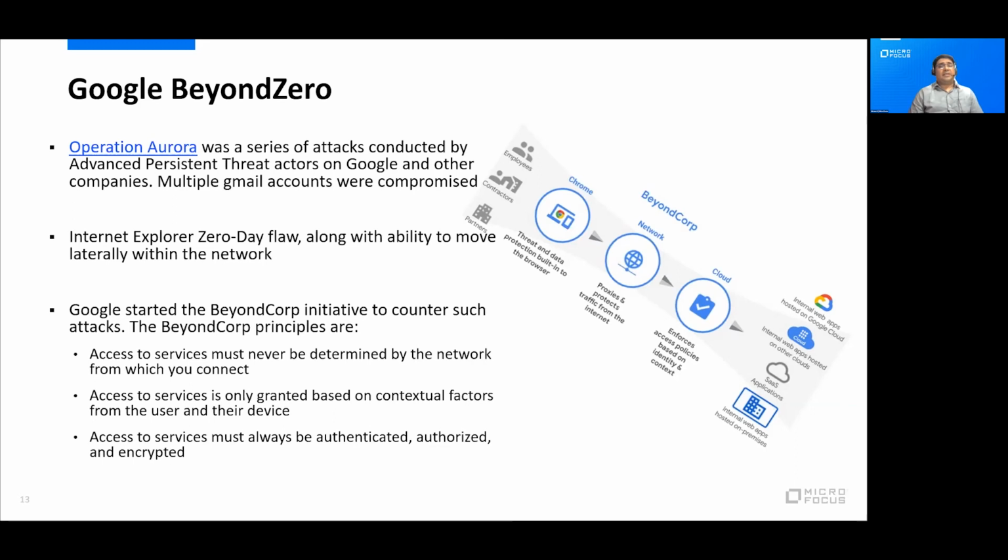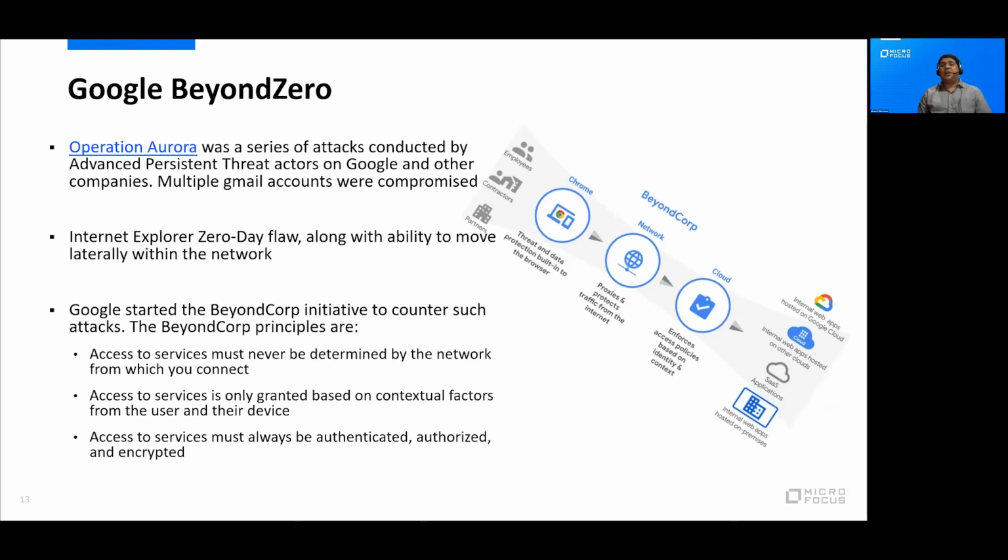So a lot of these came out from the BeyondCorp initiative, and essentially this meant that access to services must never be determined by the network from which you connect. So where you connect or access a service from should not determine whether you are able to access it or not. This was one thing.